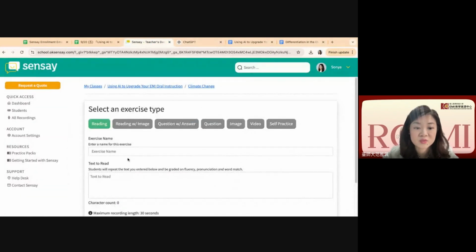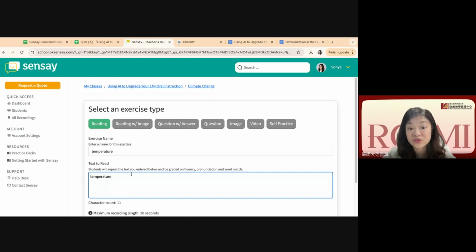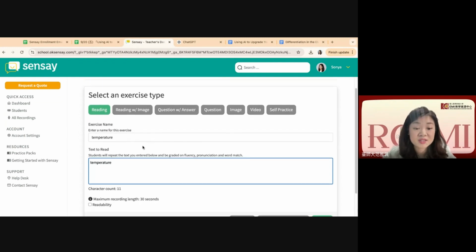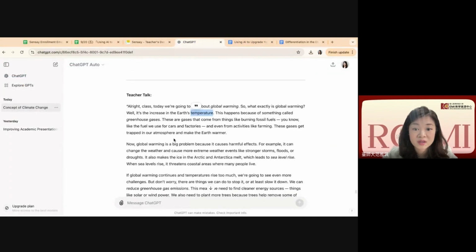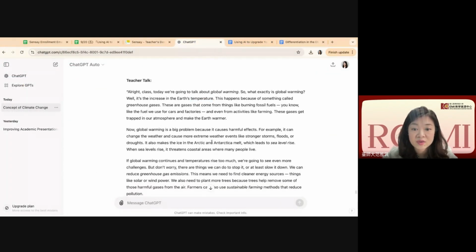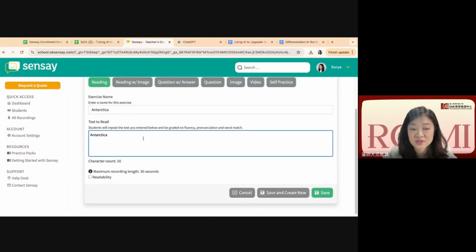Let's say the word temperature might be a word that you talk about over and over again, right? So let's do temperature. And then Arctic and Antarctica. Let's just go with some examples, just go with Antarctica.